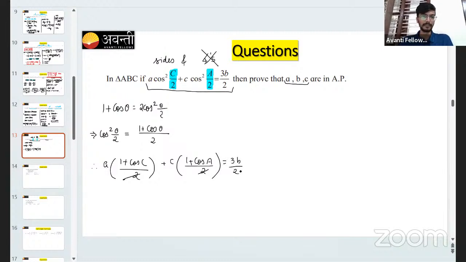This 2 will become LCM and get cancelled. Now, I can use the cosine rule. I can write it as A plus A cos C plus C plus C cos A is equal to 3B. So if I use the cosine rule, I'll get A plus A.